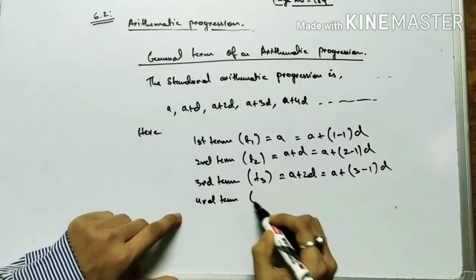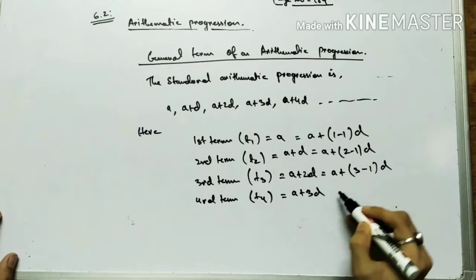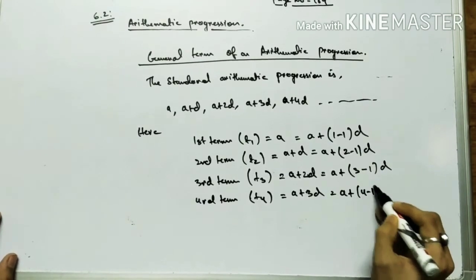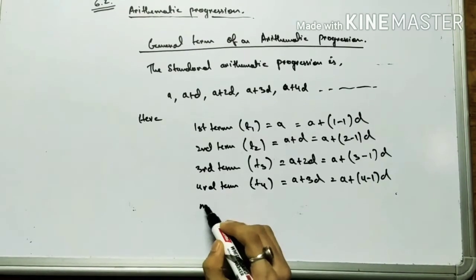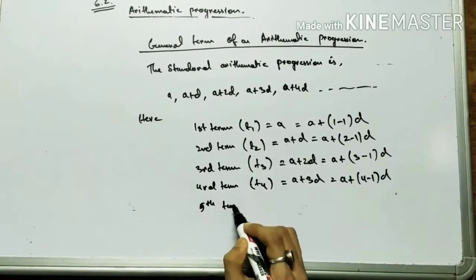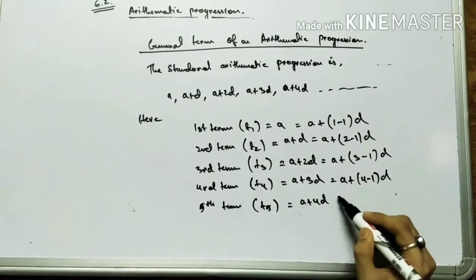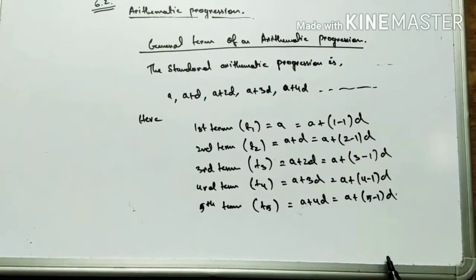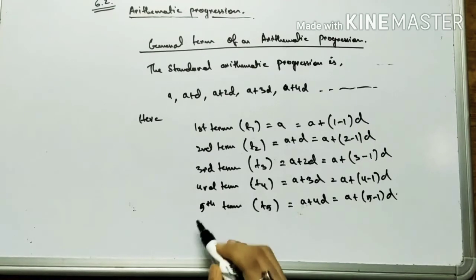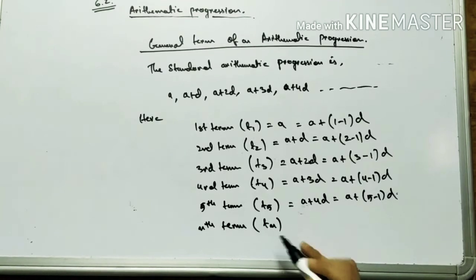Fourth term t4 is a plus 3d, which is a plus 4 minus 1 d. Then the fifth term t5 is a plus 4d, which I can write as a plus 5 minus 1 d. Understand?